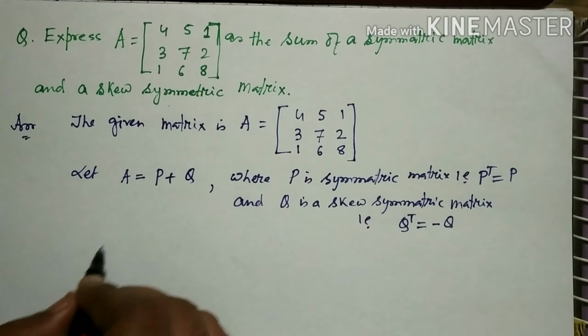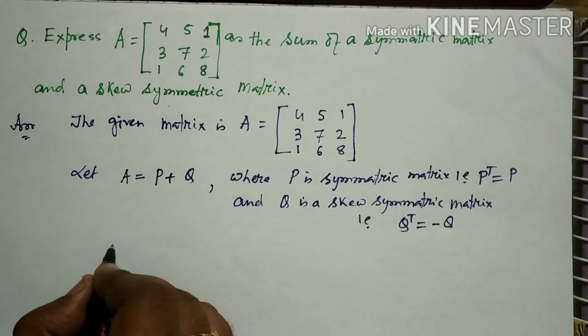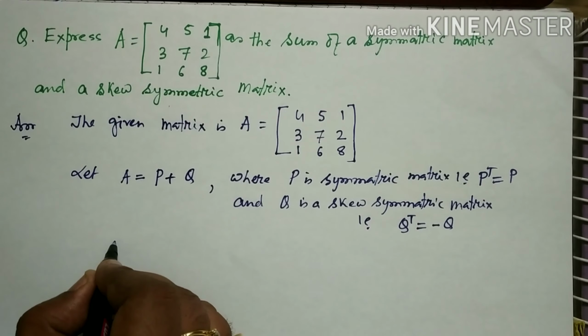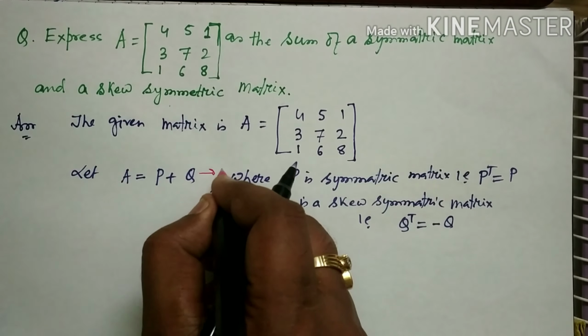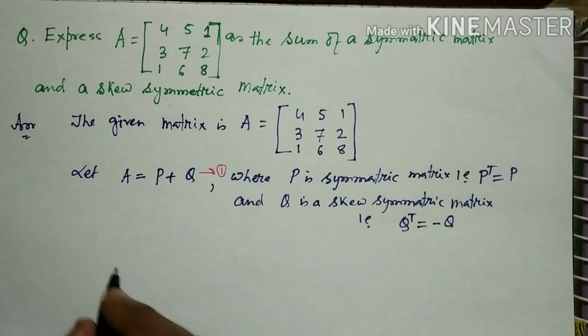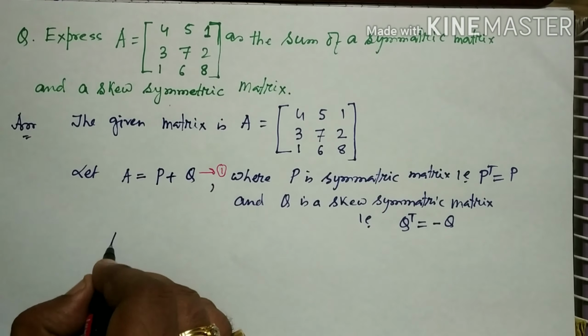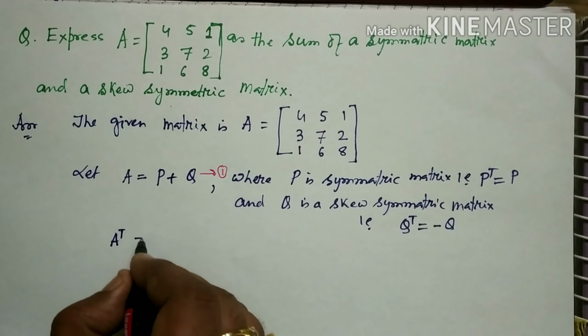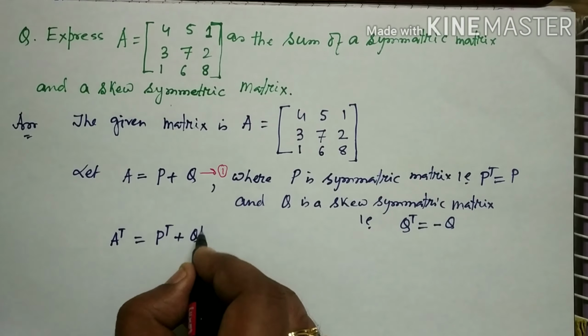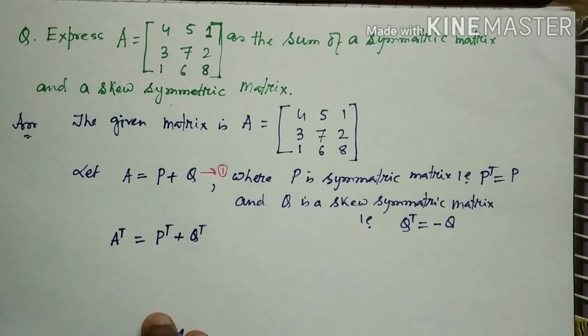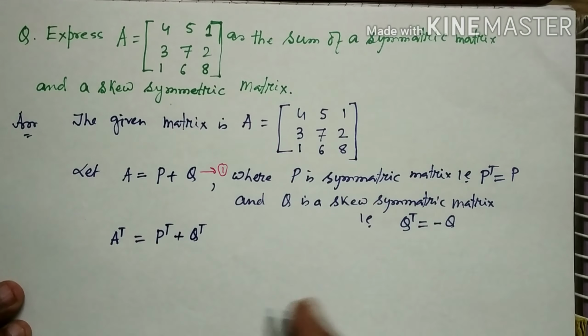Now transpose this, suppose this is equation number 1. A transpose is equal to P transpose plus Q transpose of these matrices.